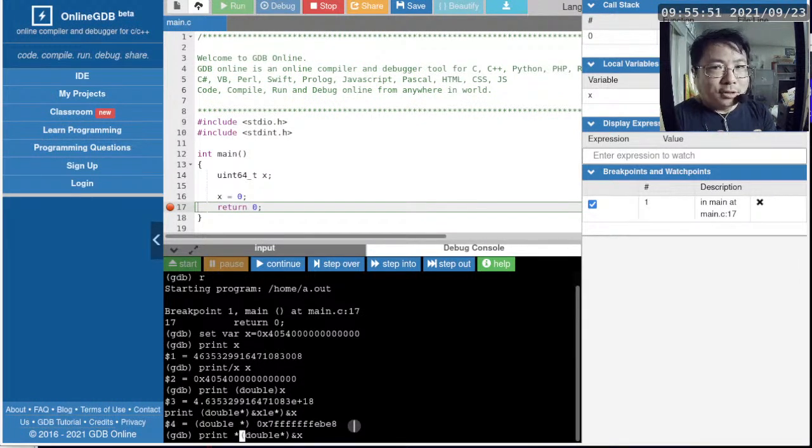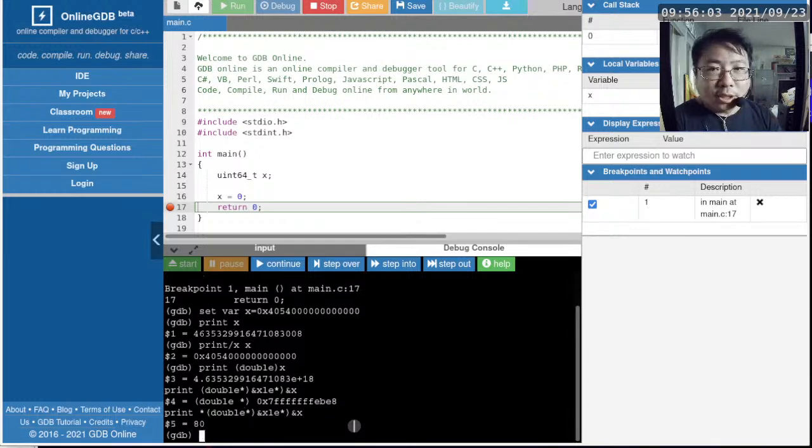It's not an unsigned 64-bit integer anymore. So when we dereference it, it interprets those 64 bits as a double this time. When we press the enter key, we get 80.